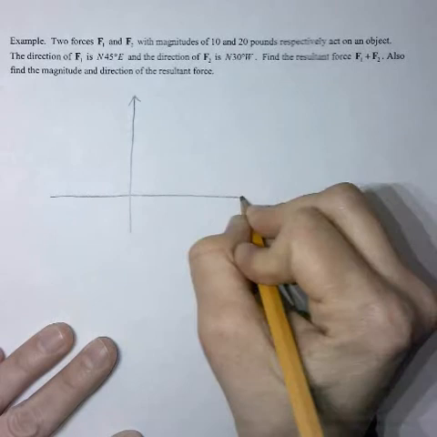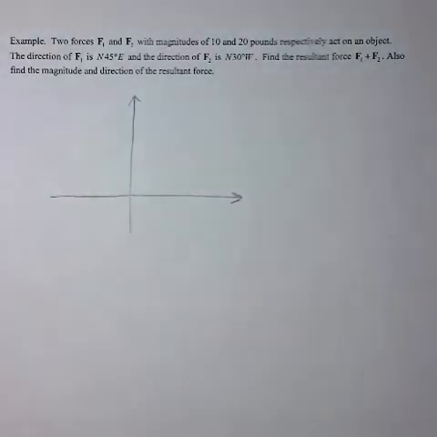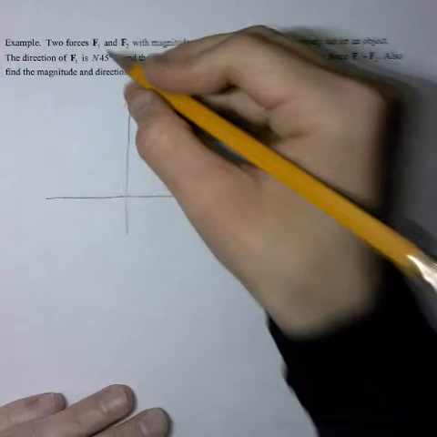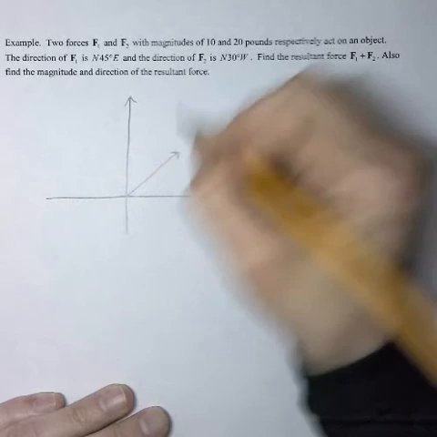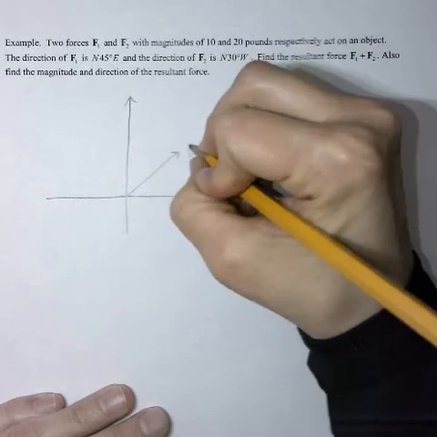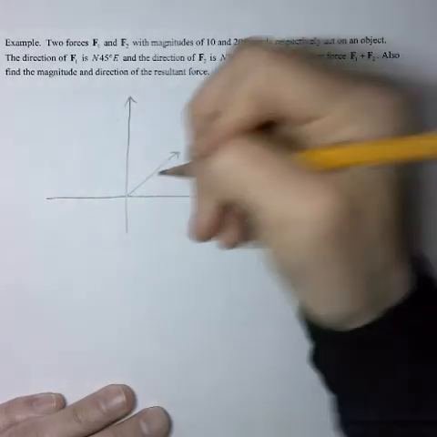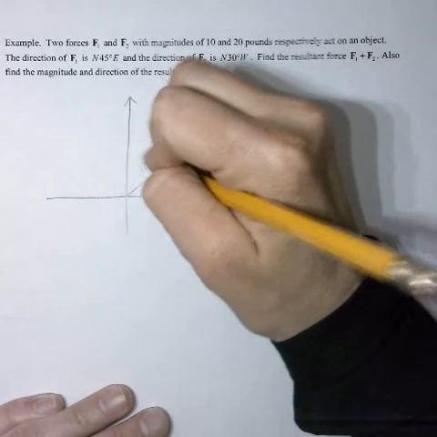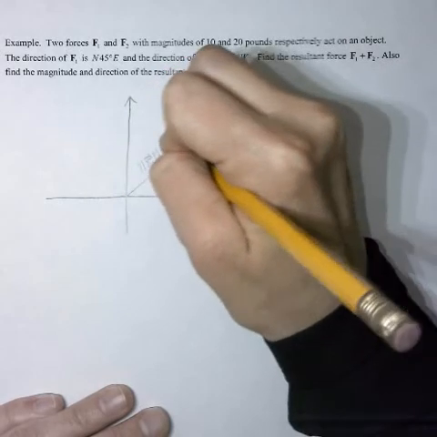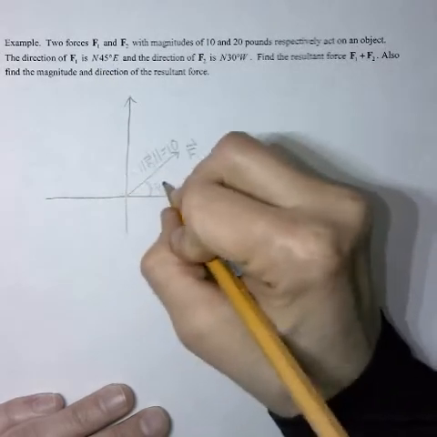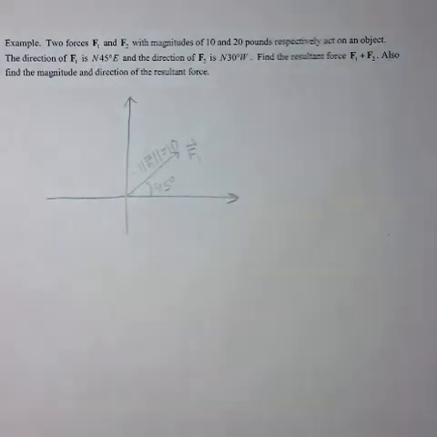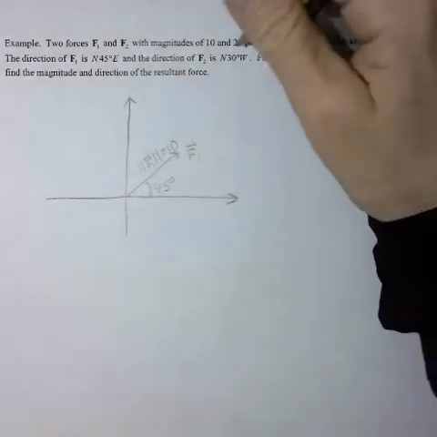Alright, so force 1, length 10, and it's north 45 degrees east, so here's force 1. The magnitude of force 1 is 10, and this 45 degrees is measured from here, but of course that makes this 45 degrees as well. Then force 2 is twice as big, 20 pounds, and it's north 30 degrees west.